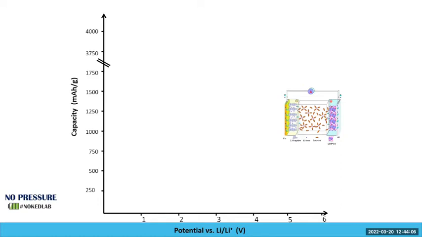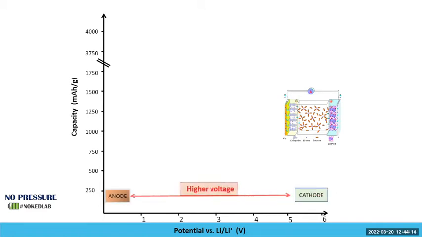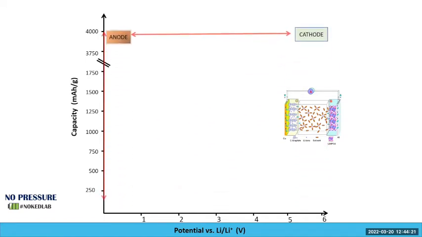The more it thermodynamically wants to inject electrons, the higher the voltage will be. And the higher the voltage, the higher the energy of the battery. The more ions can go into the anode or into the cathode, the higher the capacity. Here it is in values of milliamp hour per gram, but it is really a translation of how many ions can go into the hosting material. So the more the capacity, the more the energy.